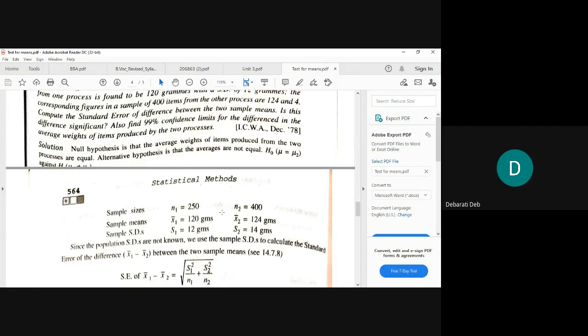First we will write the null and the alternative hypothesis, then we will solve. So write down please.